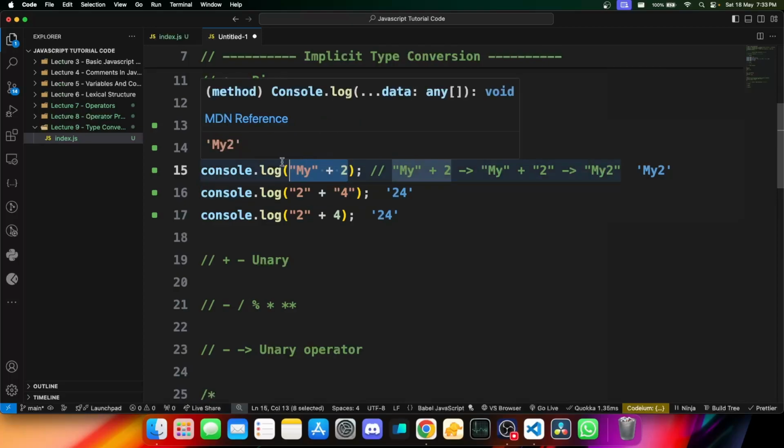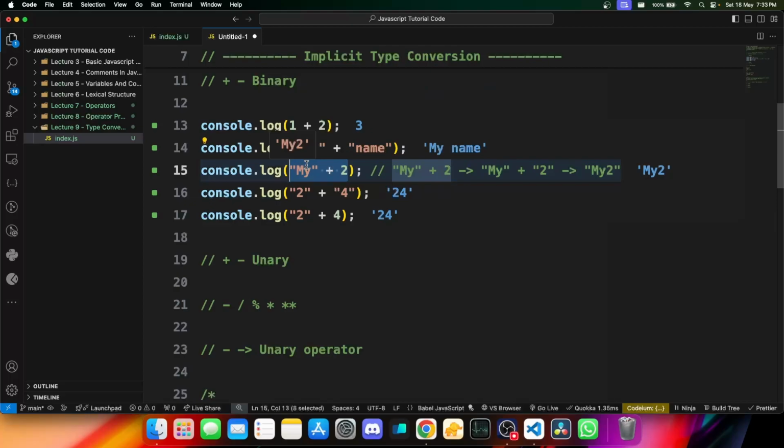No, because one is a string. Although you can convert it to a number, I'll tell you the cases in which that can happen. Or you convert 2 into a string so that both can be concatenated, and here implicit type conversion happens. 2 gets converted to a string and then gets concatenated to form my2.